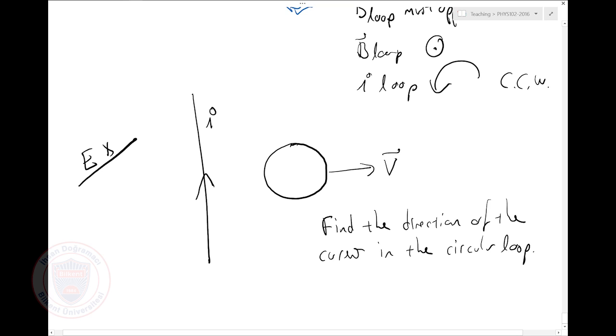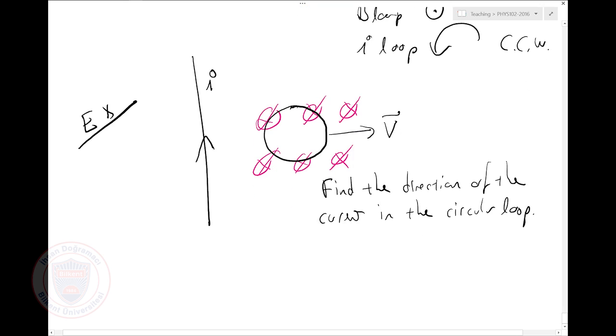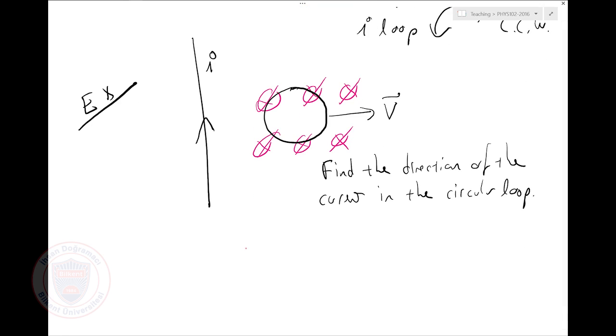Inside the loop, there is an external magnetic field created by this wire, going into the screen, right? But is the magnetic field larger or smaller closer to the wire? Obviously it's larger, right?